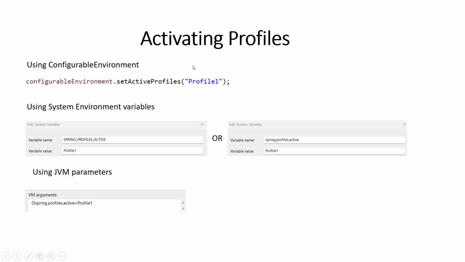To activate a profile programmatically within your Java code, for testing purposes sometimes we may need to do it. Mostly we don't do this, but Spring allows us to set the profiles programmatically using this ConfigurableEnvironment. But mostly in real-time projects we don't use this, because I don't want to touch the code.